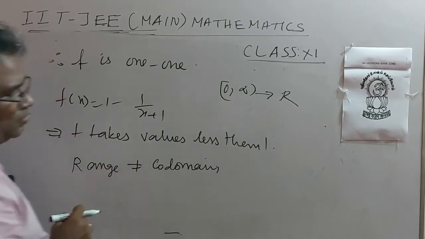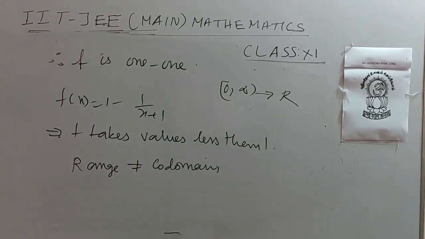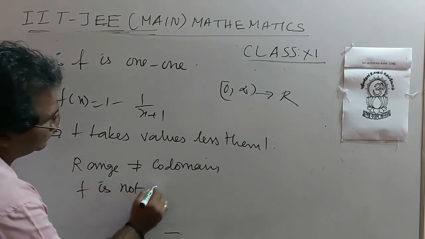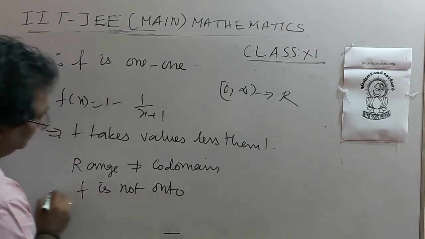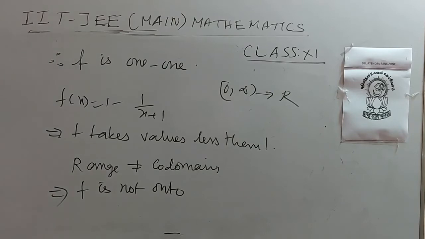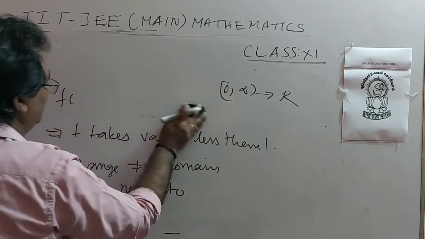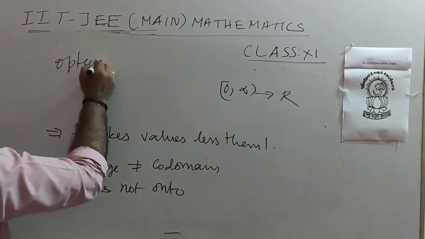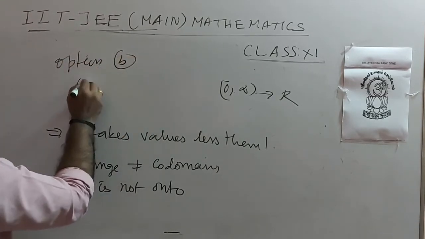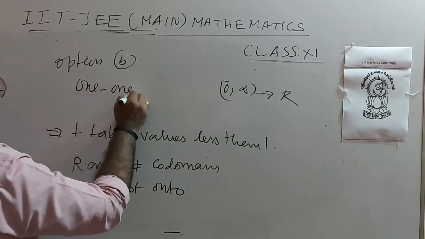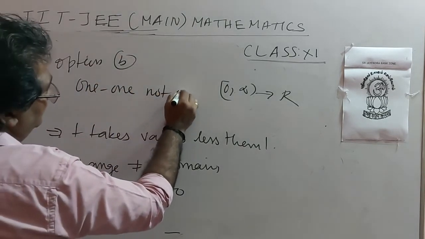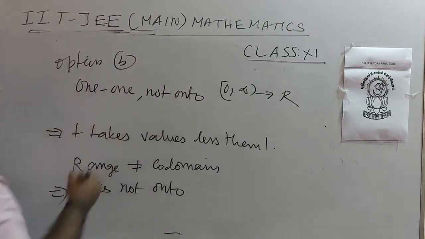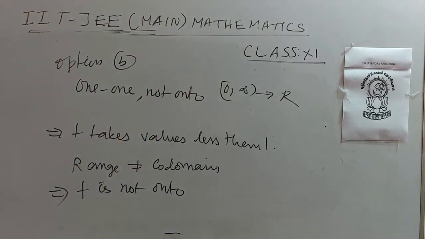So range not equal to codomain. F is not onto. Option B, 1 1, not onto.